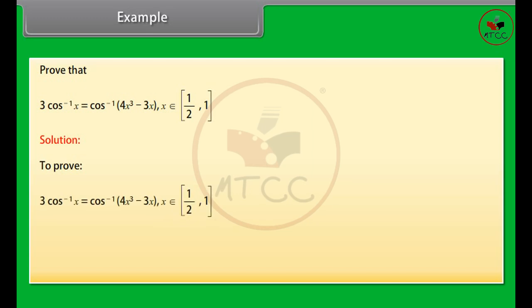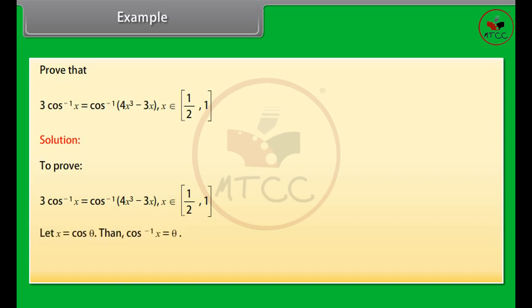Prove that 3 cos inverse x is equal to cos inverse 4x cube minus 3x, x belongs to 1 by 2, 1. Solution. To prove 3 cos inverse x is equal to cos inverse 4x cube minus 3x, x belongs to 1 by 2, 1.